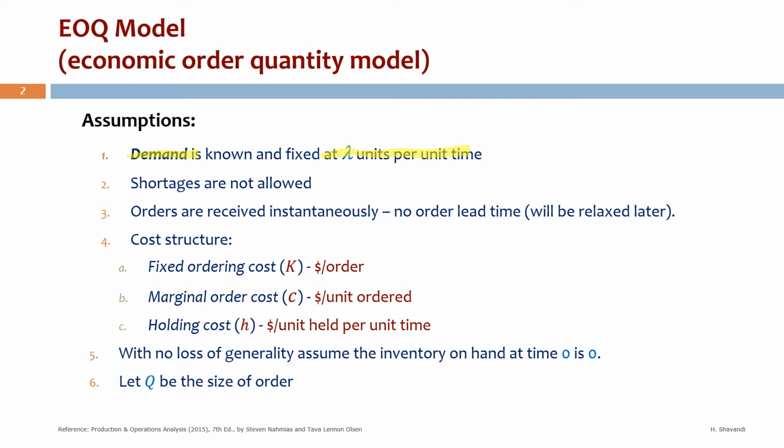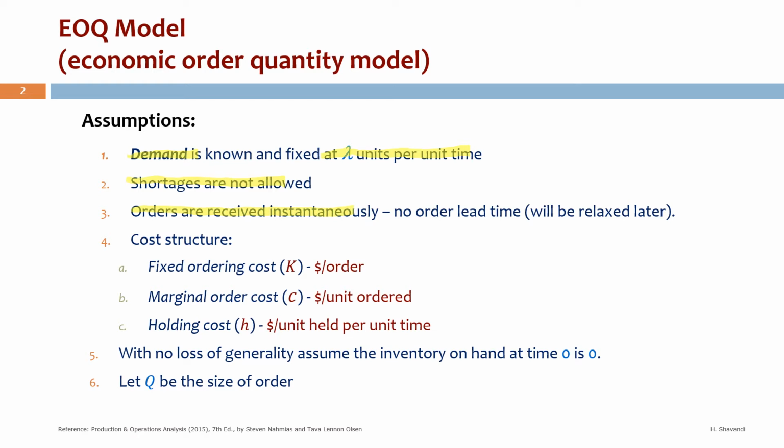In this simplest model, we assume that shortages are not allowed. Later, we will relax this assumption to have the model with shortages. But here, we assume that there is no shortage. And we assume that orders are received instantaneously.